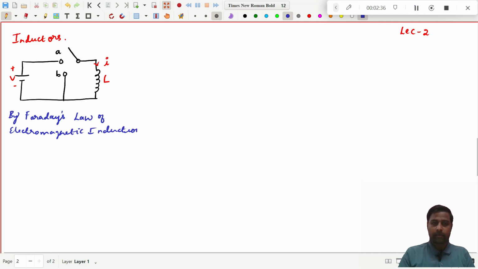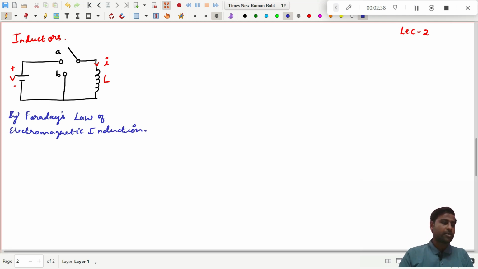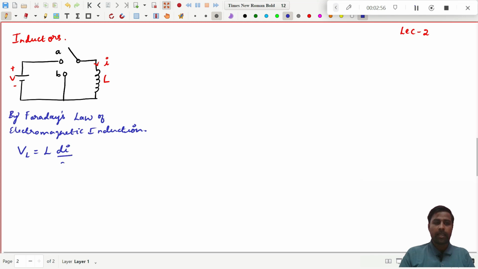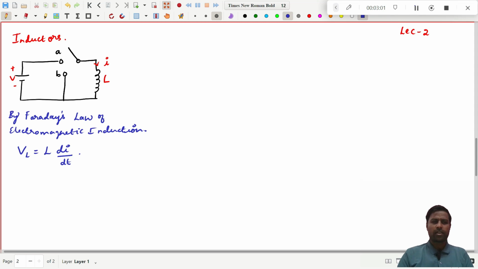The voltage across the inductor will be V_L equal to L di by dt. That we know already, right? If you want to know how this expression comes, you just go through the basics of inductors, the voltage across the inductor by Faraday's law of electromagnetic induction.